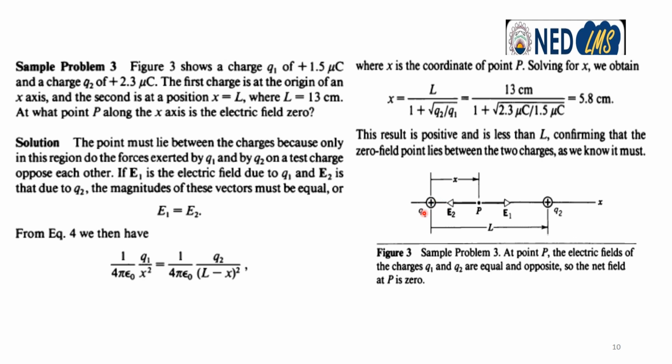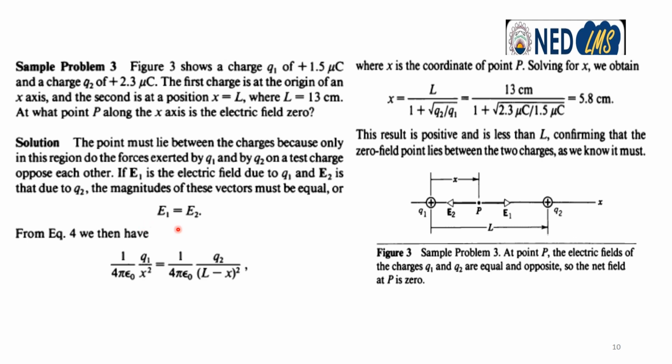Okay, so we all know both charges are here, q1 is 1.5 and q2 is 2.3. So the position where the electric field will be 0 is this. This is a point where electric field 1 and electric field 2 cancel, so both electric fields will be 0.